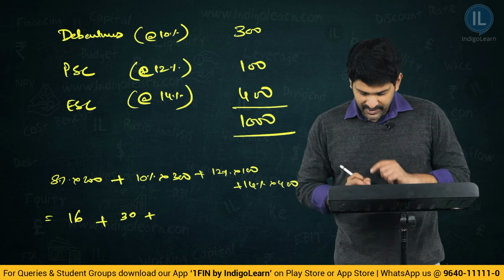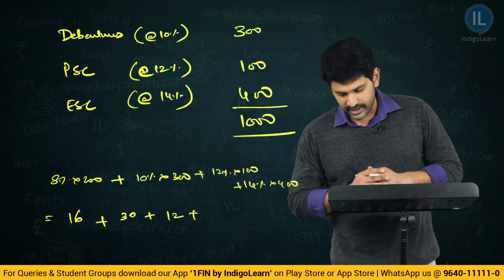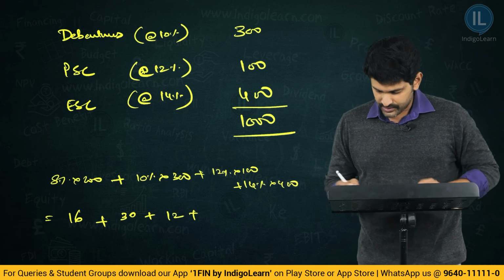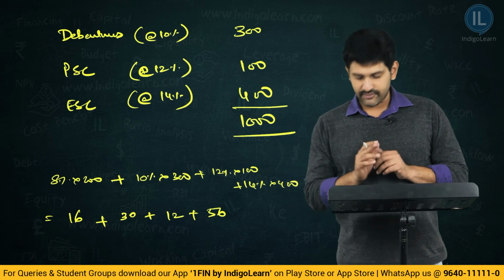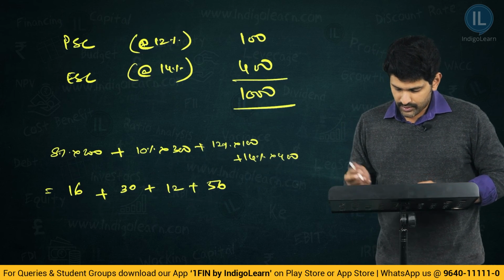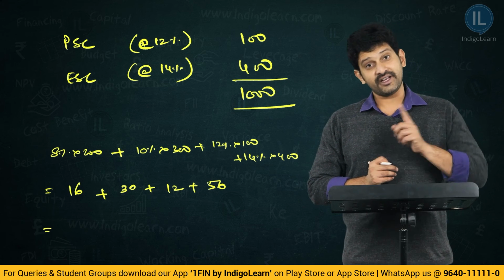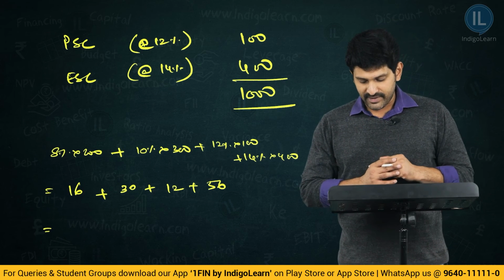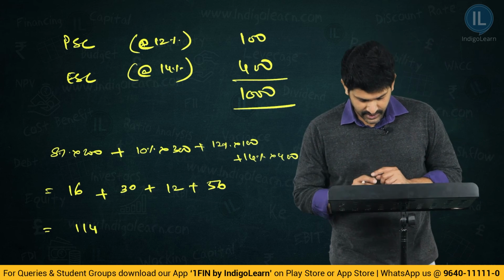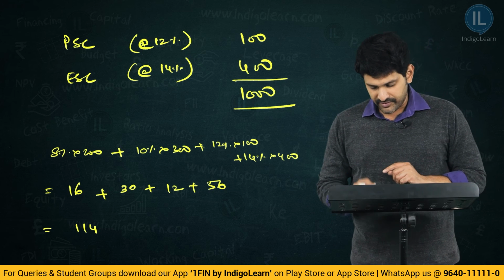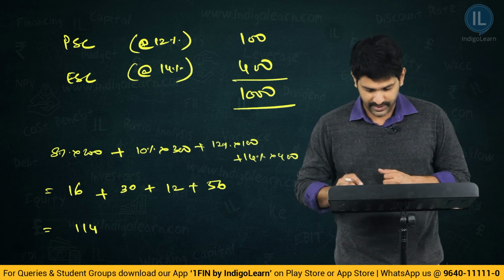Then 12% on 100, simply 12, and 14% on 400, 14 4s are 56. These zeros get cancelled. Now 16 plus 30 is 46, plus 12 is 58. 58 plus 56 will be 114. Yes, 114. Let us recheck again. 16 plus 30, 46, 58, 58 plus 56, 114, correct, 114.